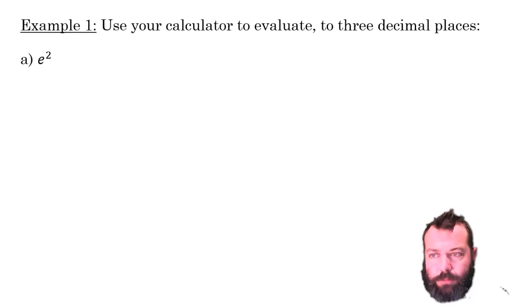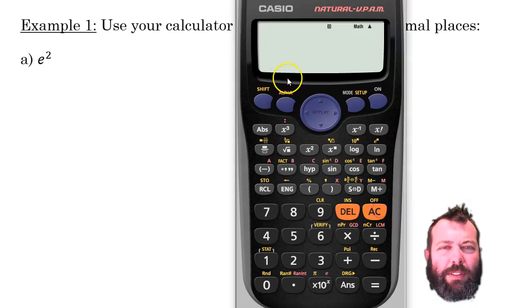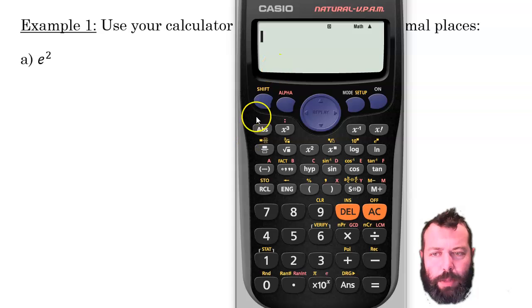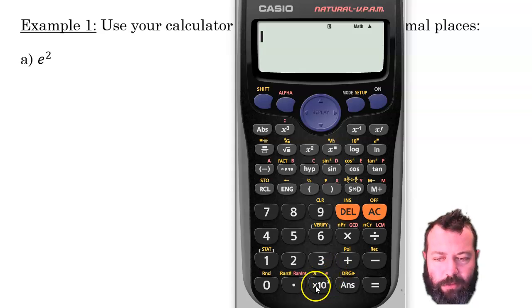So here we go. Use the calculator to evaluate this to 3 decimal places, e squared. How do I do that? We'll need to grab the calculator. I've still got this Casio emulator here, which is very similar to the abacus that you're probably using. Now, these buttons are arranged slightly differently, but it's the alpha one that I want here. See, above the alpha there, it's in pink, and above here, this 10 to the power of x.